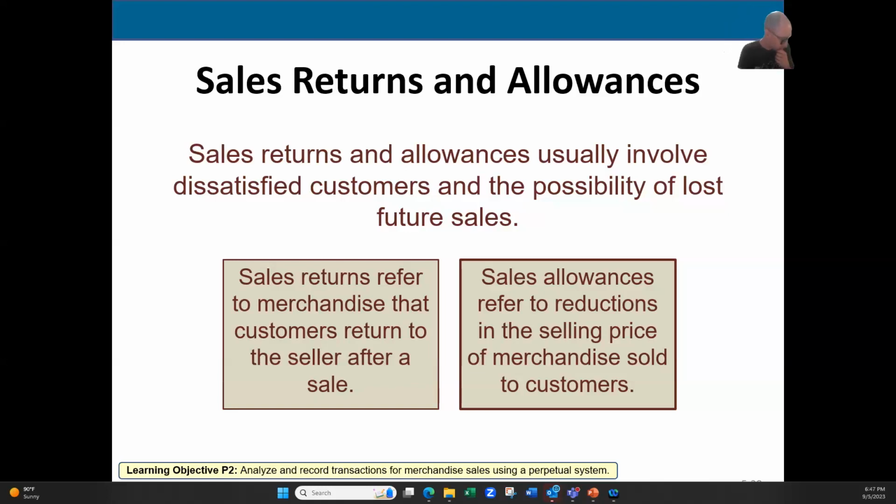That's life. So, returns and allowances. Just like before, people are not satisfied. We weren't satisfied with our vendor when they sent us broken stuff. Now we got customers not happy with us because of broken stuff.